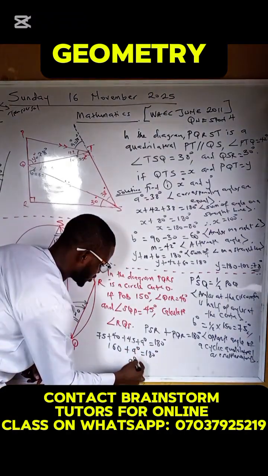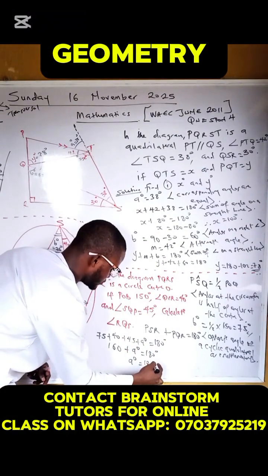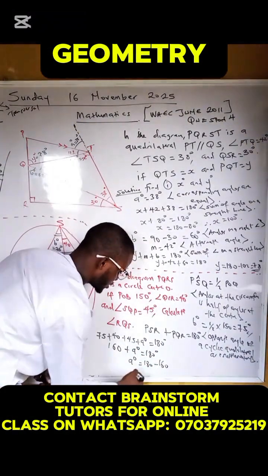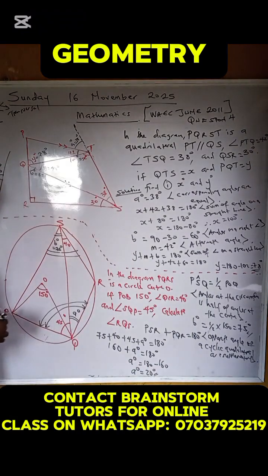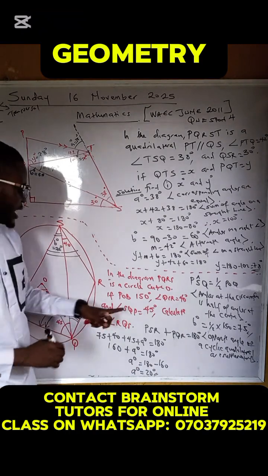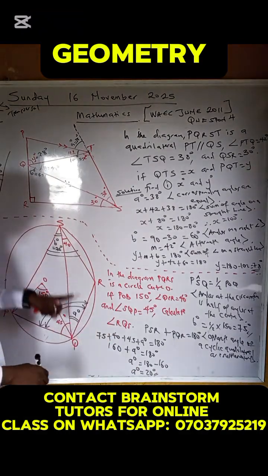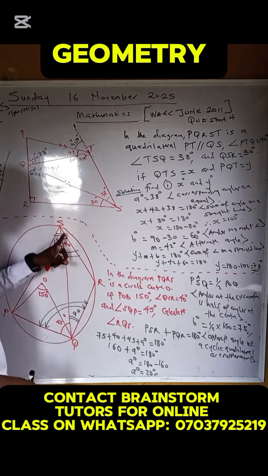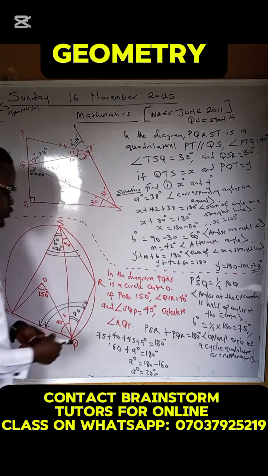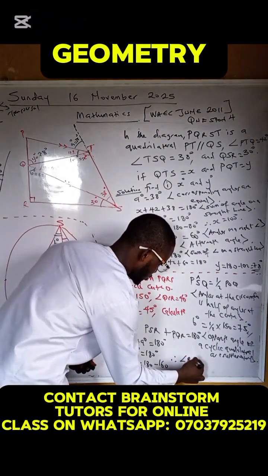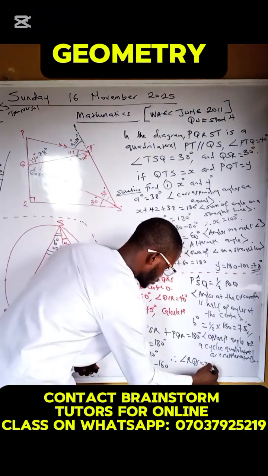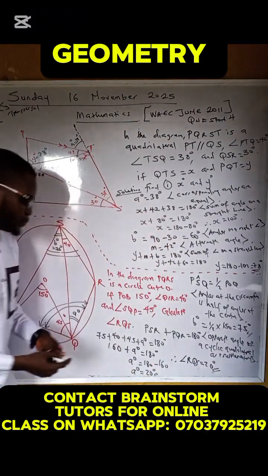I have a degree equals 180 minus 160, then my a degree is equal to 20 degrees. Remember, the value of a degree is actually the angle they asked us to calculate, which is RQS, like what we stated earlier. So therefore, my angle RQS is equal to 20 degrees.